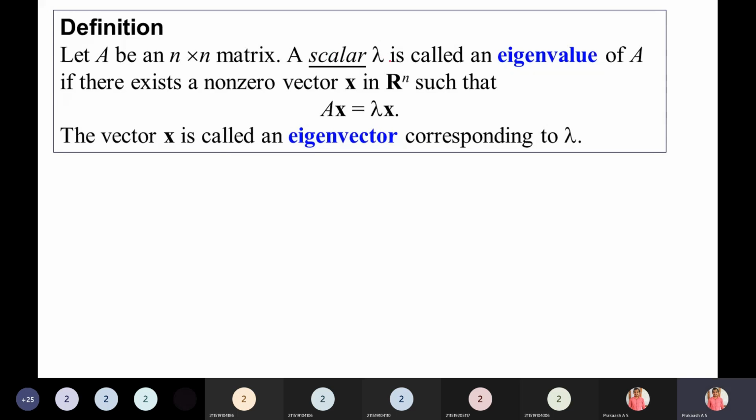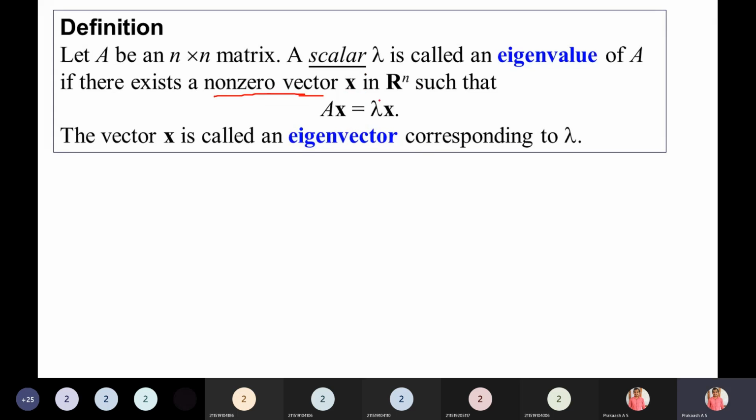That number is called an eigenvalue of matrix A if there exists a non-zero vector, very important, a non-zero vector x in R power n. In matrices, a vector is nothing but a row matrix or column matrix. Here it is a column matrix.